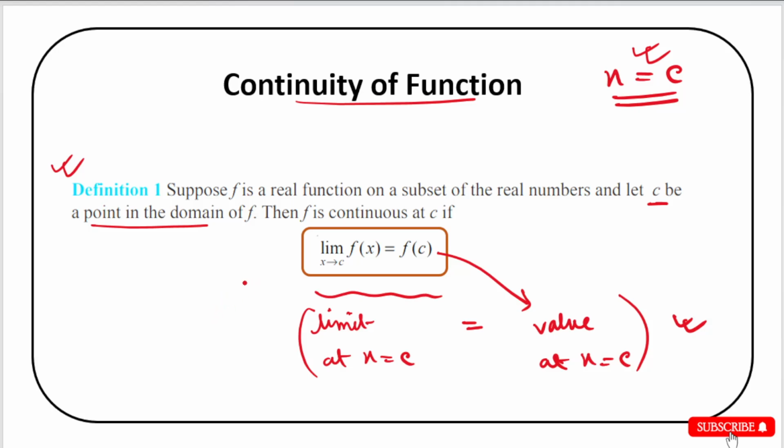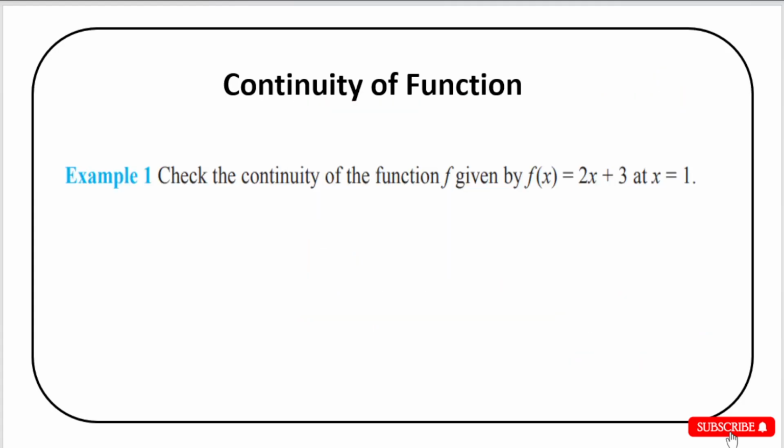You can see that and revise your concepts, and then come back to this: the limit of the function as x approaches c will be exactly equal to the value of the function at x equals c. If this is the case, you will say that the function f(x) is continuous at the point x equals c. Right? I hope this is clear.